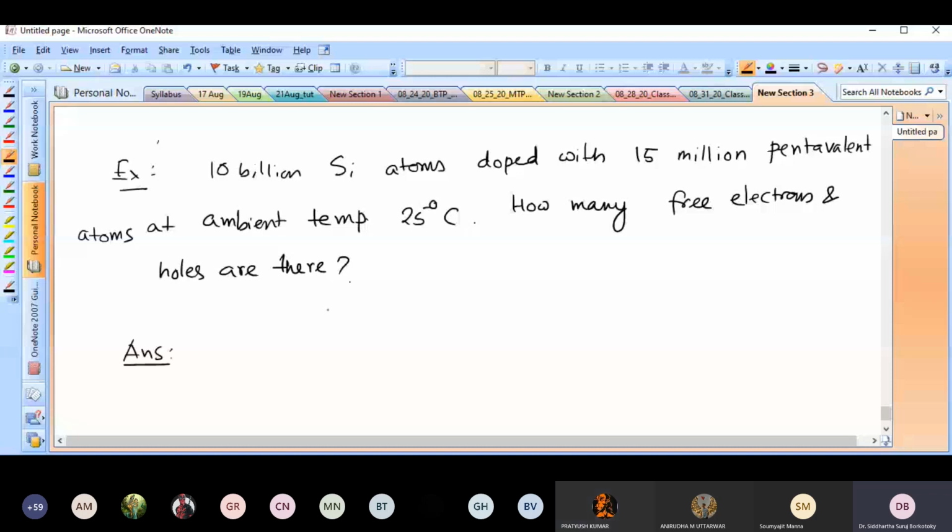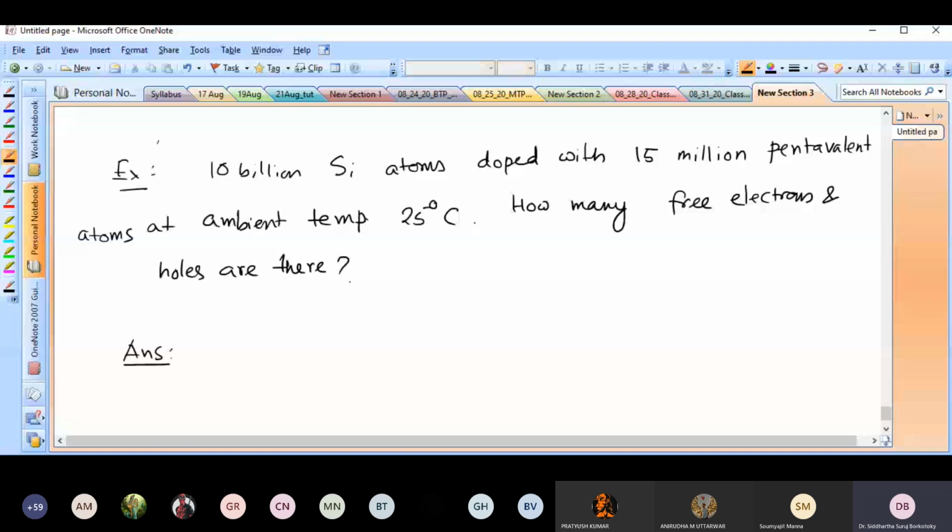Yes, basically, however many pentavalent atoms there are, that many free electrons there would be, because each pentavalent atom is a donor atom. So it donates one free electron. So if you add 15 million pentavalent atoms, then you have 15 million free electrons.